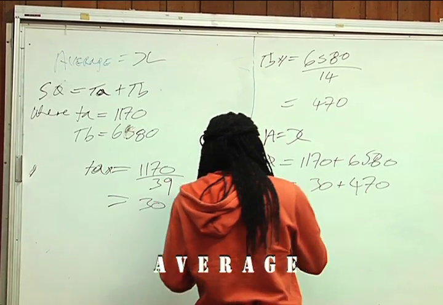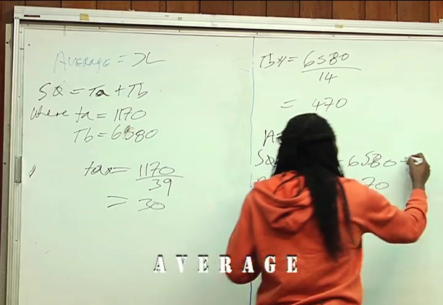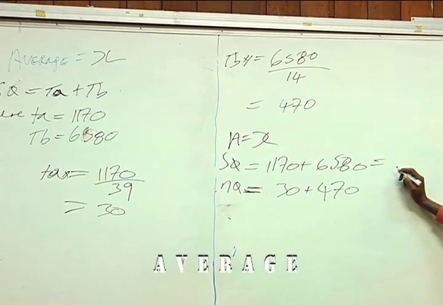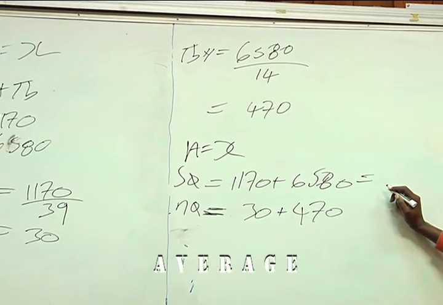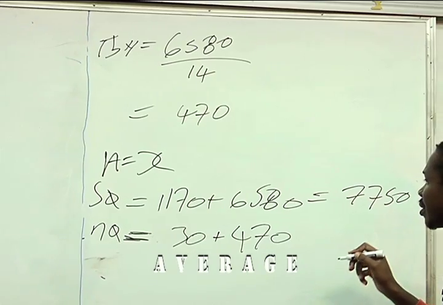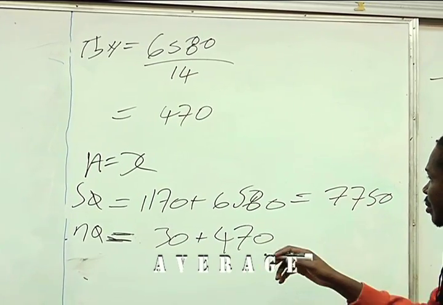So that means then that SQ equals how much? 7,750, right? And NQ, 500.